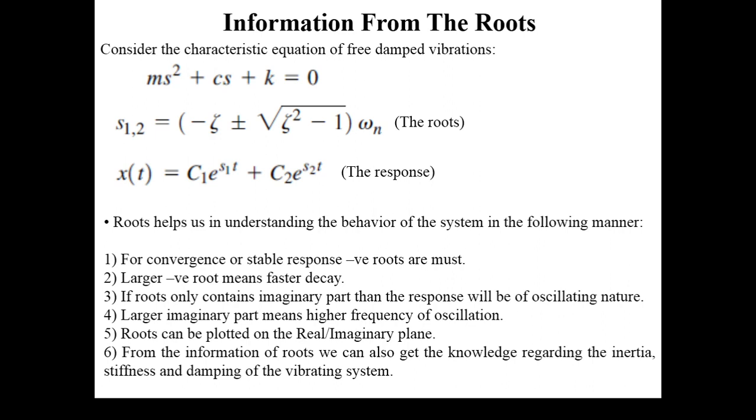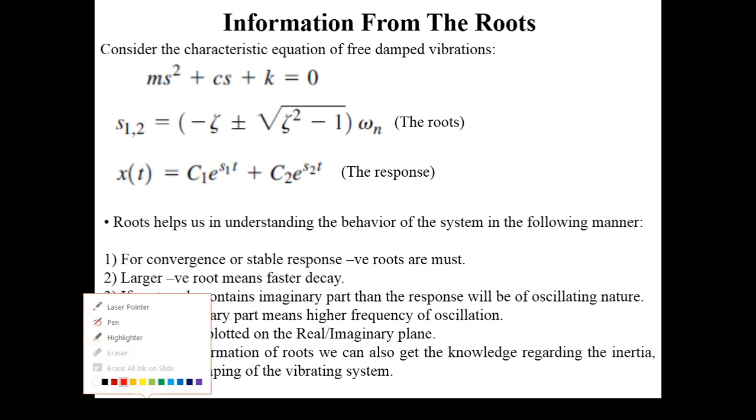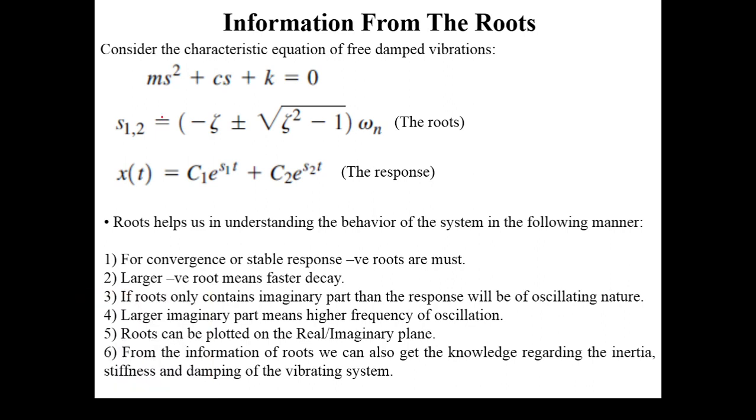So here, as you can see, we have an equation of motion for a damped system, and you can look at the constant coefficients here in this characteristic equation of a damped free vibrating system.